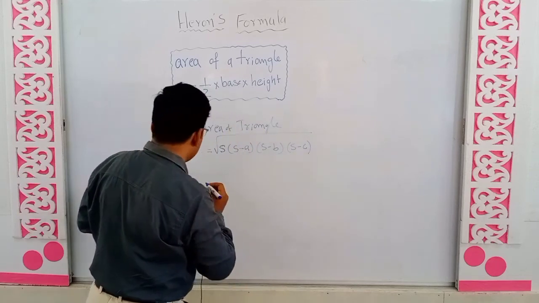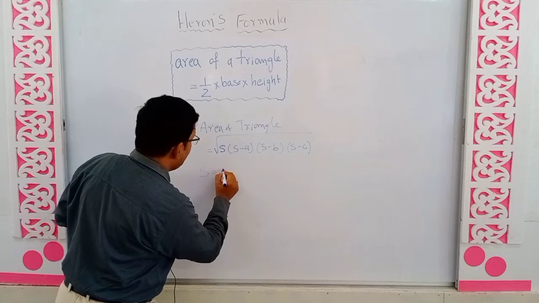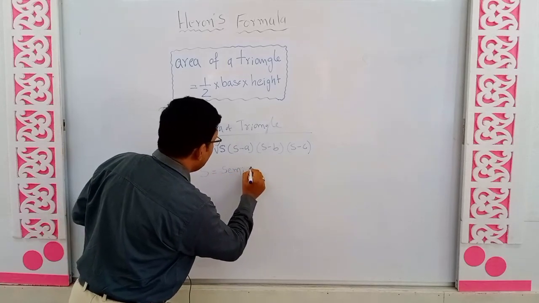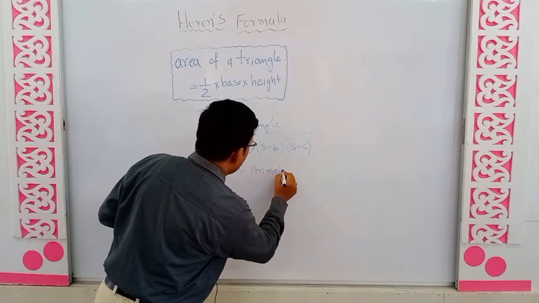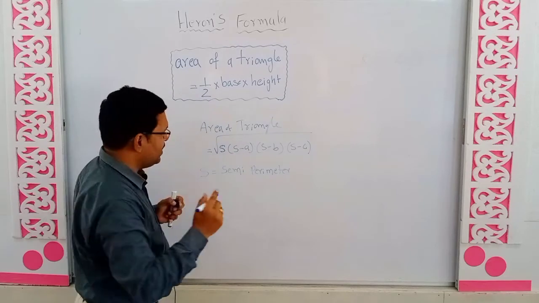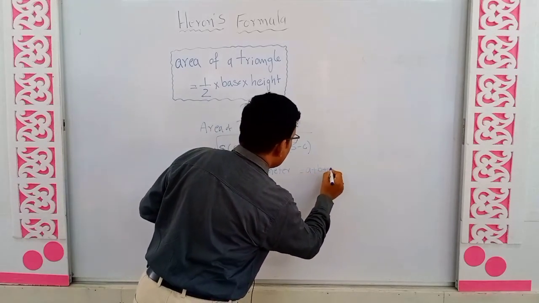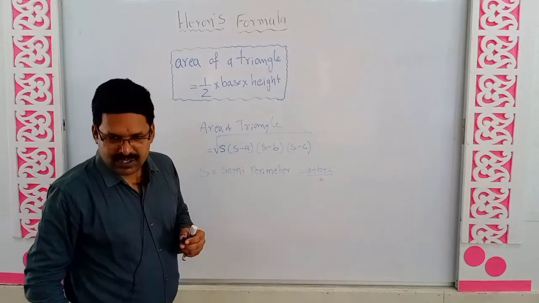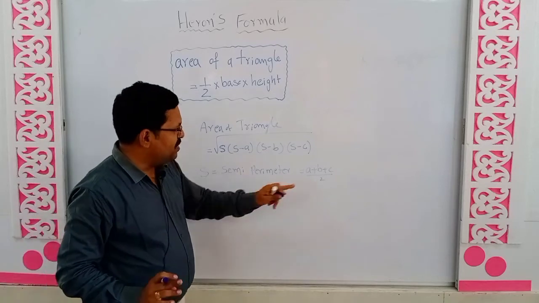What is this s? S is the semi perimeter. What is the meaning of semi perimeter? I will tell you. It is a plus b plus c by 2. This is the semi perimeter.